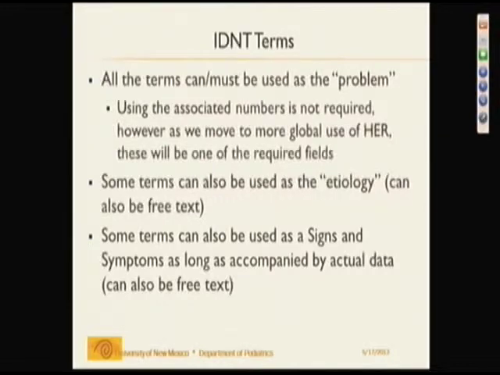They'll be searchable in fields, so that you don't necessarily have to memorize those things, but after a while, probably you will, the ones that you use a lot. But at this point, when you're actually writing those things out, you don't need to include the numbers. But eventually, if you're on an EHR, you'll probably have those in your searchable fields. Some of these terms can also be used as signs and symptoms as long as they're accompanied by actual data. In other words, the actual quantitative thing that you're going to measure in terms of change.